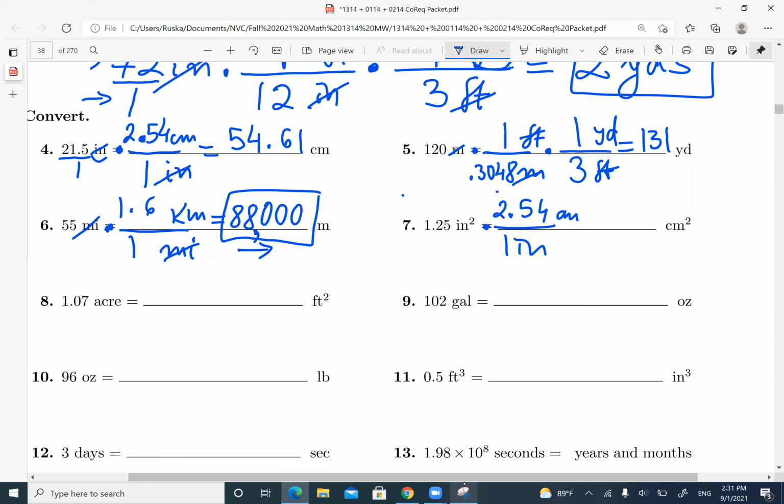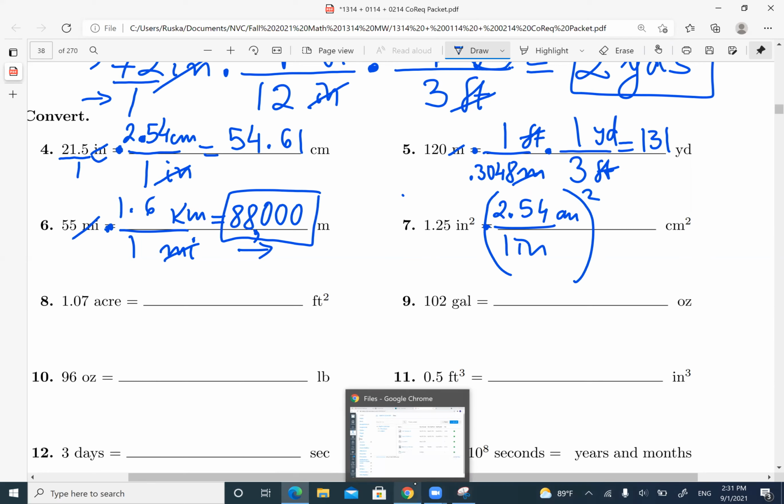And I have to square every unit. So you can cancel the inches square. So what you need to do here is you need to square 2.54. So I have 2.54 times 2.54. That's 6 point something. And I'm multiplying by 1.25.